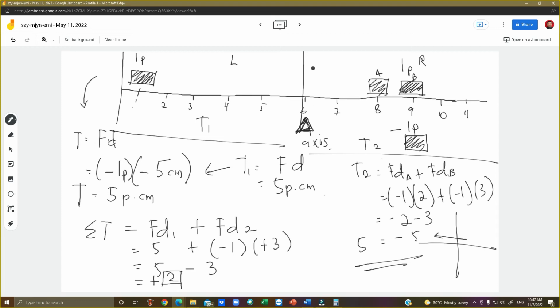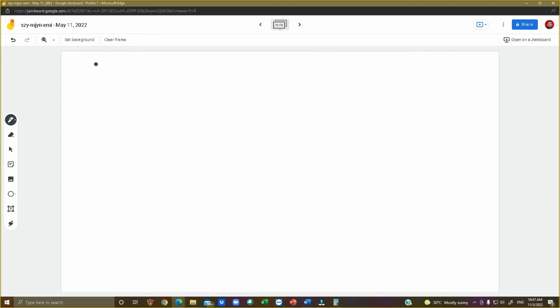Okay. Kalau kita sekalikan. Summation of torque equals to FD1 plus FDA plus FDB. Okay, FD1. F semua negatif 1. 1 penny kan? Negatif 1 penny. D dia negatif 5. Tambah FDA.